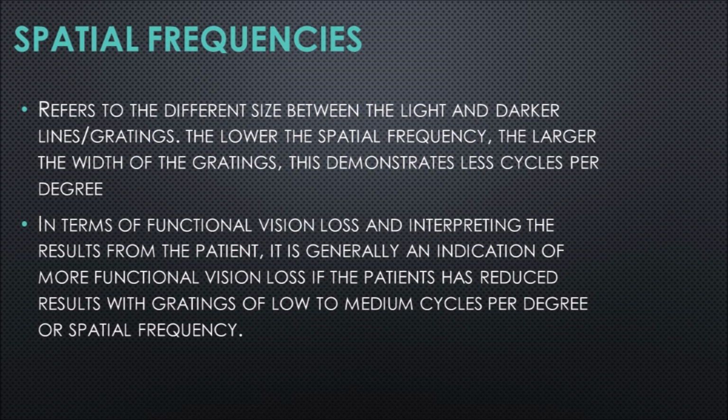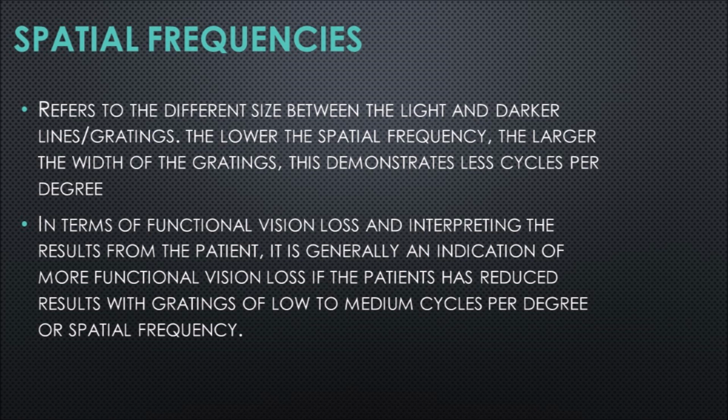Spatial frequency refers to the different sizes between the light and dark lines/gradings. The lower the spatial frequency, the larger the width of the gradings. This demonstrates less cycles per degree. In terms of functional vision loss and interpreting the results from the patient, it is generally an indication of more functional vision loss if the patient has reduced results with the gradings of low to medium cycles per degree or spatial frequency.